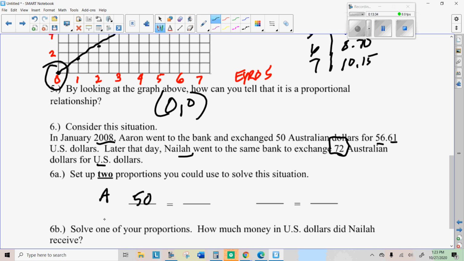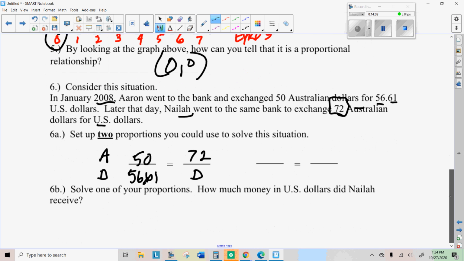Put A up there, and then US dollars we'll put a D, and that's 56.61. Now we want to change 72 Australian dollars for US dollars, so we're going to put the 72 down there. Whoops, put that in the wrong spot. Sorry about that. Let's flip those over. We're going to exchange 72 Australian dollars for US dollars.